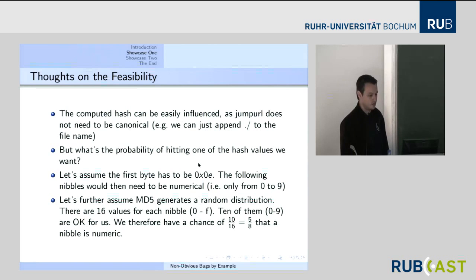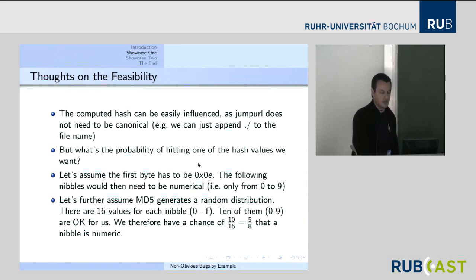So as we now know that we can at least influence the computed hash, how probable is it that we are actually going to hit some hash value that we like? Let's assume the first byte needs to be 0x0E, and the following nibbles all need to be numerical, that is only from 0 to 9, because otherwise PHP wouldn't consider it a number.